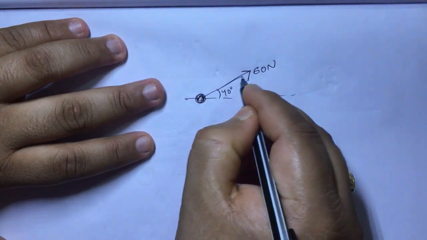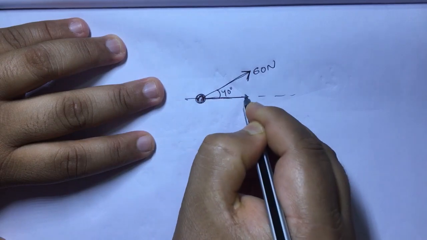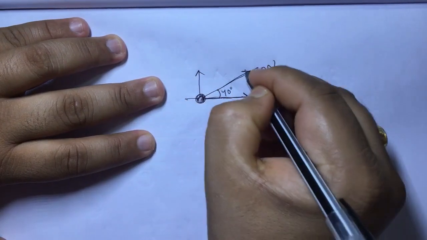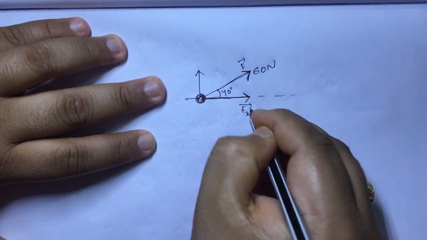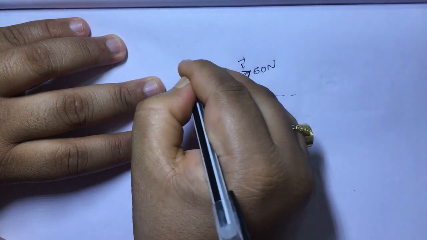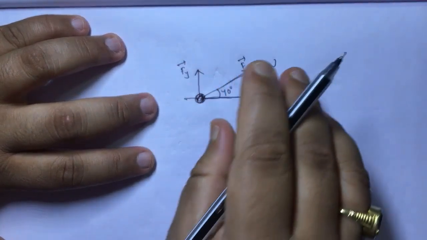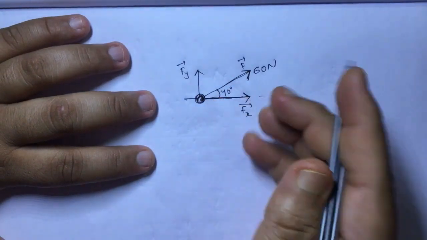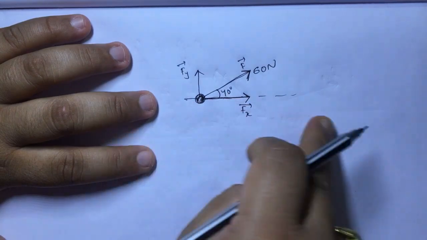See, this is a force. This force I can divide into two components, one is this and one is this. If this is F vector, I can write it as Fx vector and Fy vector. Now the question is, what effective value of this pulling is helping to move the stone along the ground?